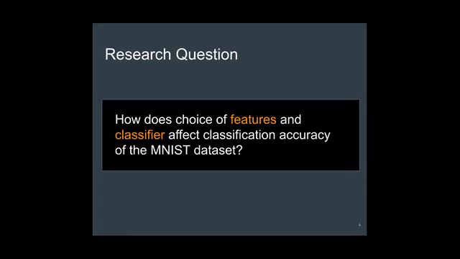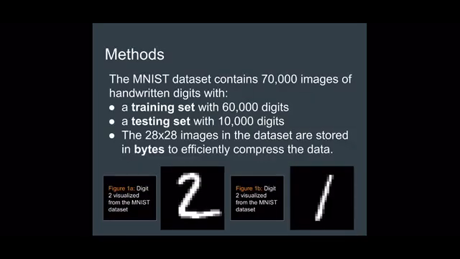The MNIST dataset is a dataset which contains 70,000 handwritten digits. They are stored as bytes, and they are organized in a training set of 60,000 digits and a testing set of 10,000 digits. The training set is meant to allow the machine learning algorithm to train itself to recognize certain patterns within the data, and the test set is meant to allow the algorithm to test these patterns against unseen data.